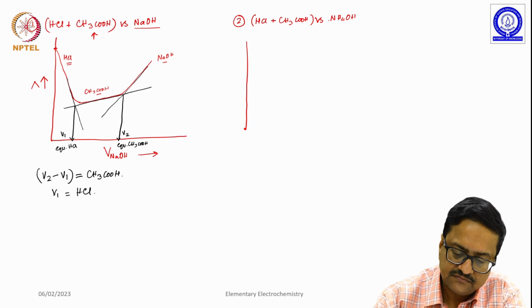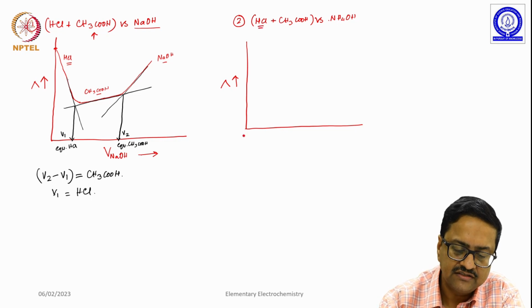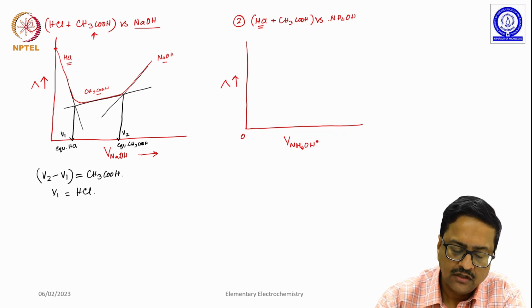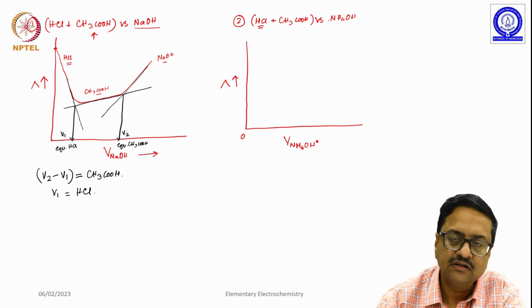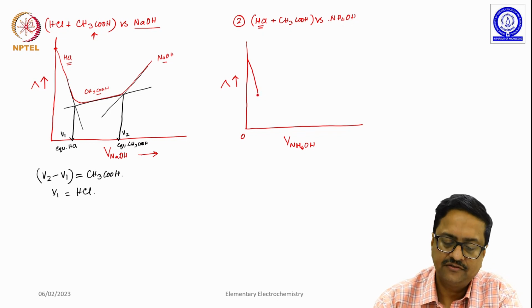So as usual, the conductance initially will be governed by HCl. And with addition of ammonium hydroxide, the conductance will continuously decrease till about the equivalence point.